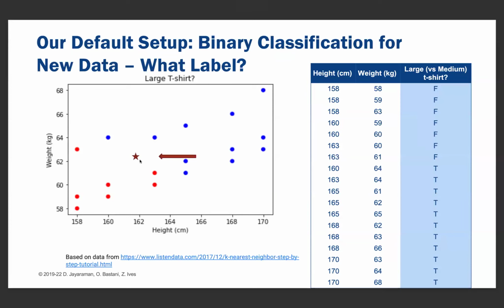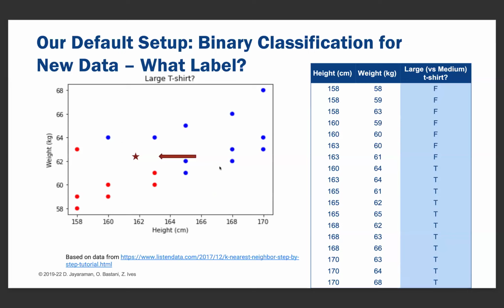Now we get a new input, and the question is what it should be. Would this person, who has a height of probably 161.5 and a weight of 63 or 62.5 kilos, if we assume that it's coming from the same distribution, require a large or small t-shirt?